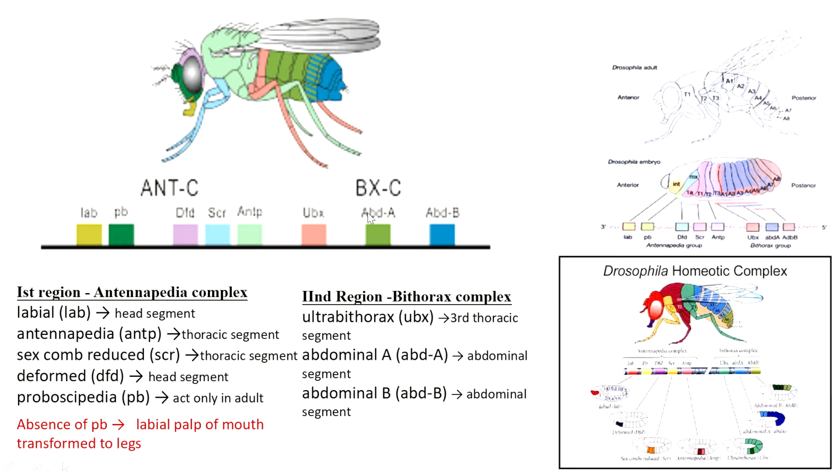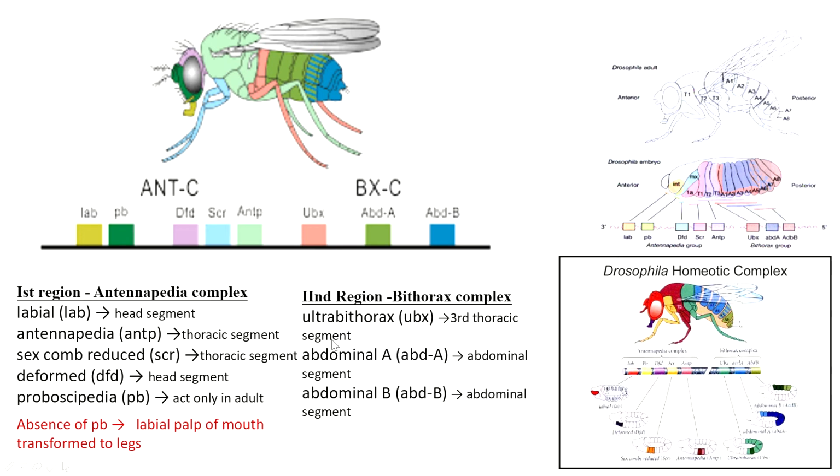Similarly, the bithorax complex is also composed of 3 different kinds of genes, and one is named ultrabithorax, UBX, and this is for the 3rd thoracic segment. So that means this stimulates the formation of the 3rd thoracic segment.